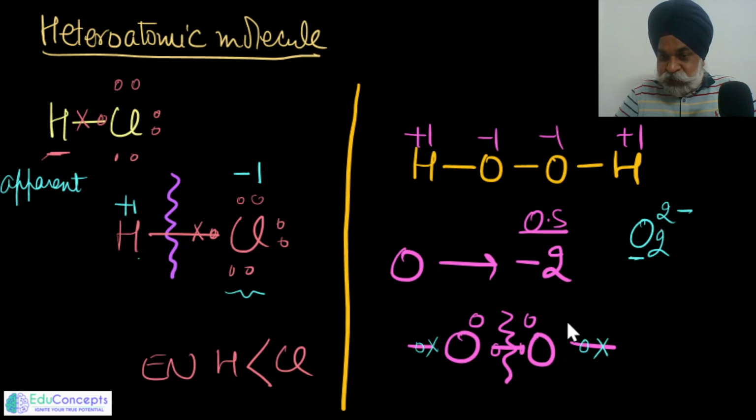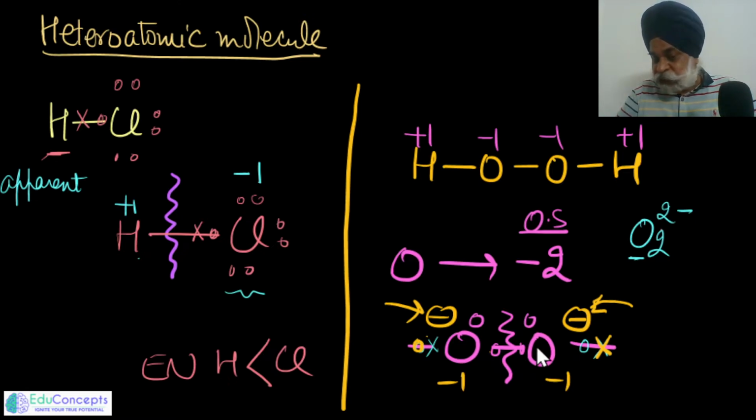This would appear as O negative, a complete negative charge, because the two hydrogens went out as H positive, leaving behind their 1 electron. So that is why this is an actual charge, and from this bond it is 0. So the oxidation state comes out to be -1, -1.